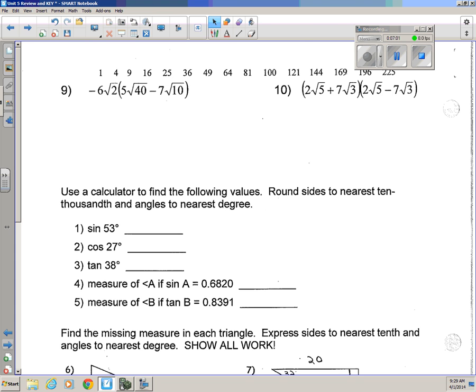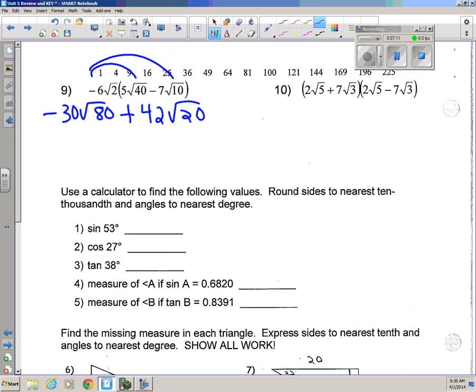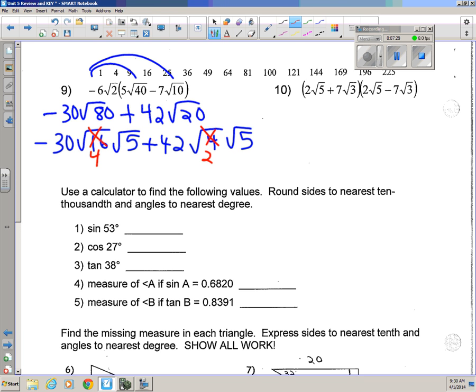Multiply in. So when I distribute in, I get negative 30 rad 80 plus 42 rad 20. 80 goes into negative 30, 16 and 5. 20 goes into plus 42, rad 4, rad 5. 4 comes out, 2 comes out.